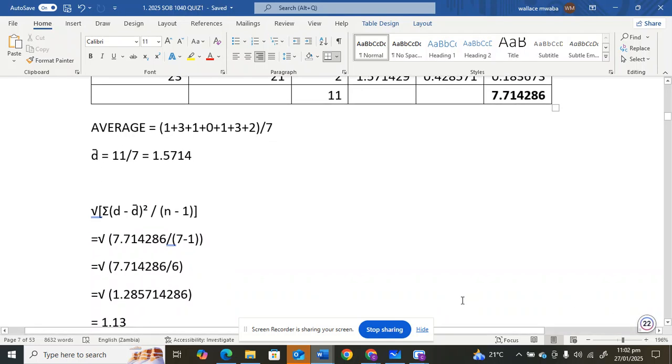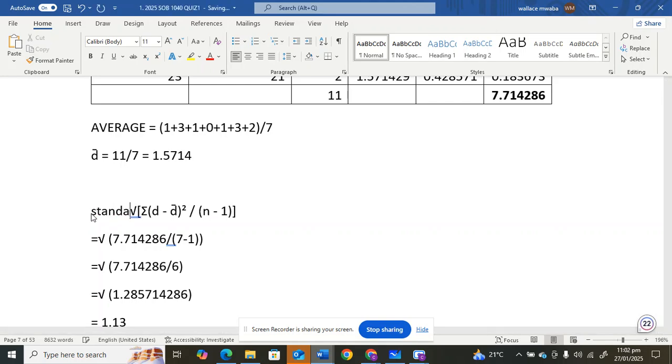So this is the formula to get the standard deviation. This formula will also be provided to you. It's the same standard deviation formula that's used throughout statistics.